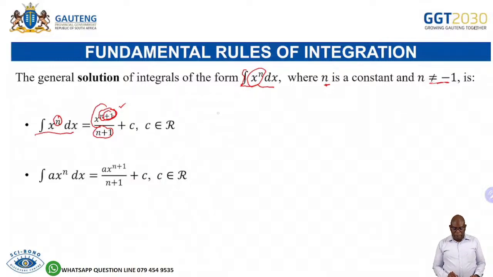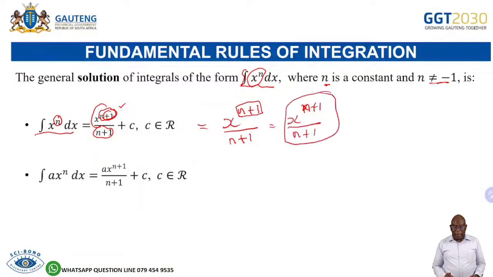So in other words, we have x to the power of n plus 1, divided by n plus 1. This is the integral of x to the power of n.